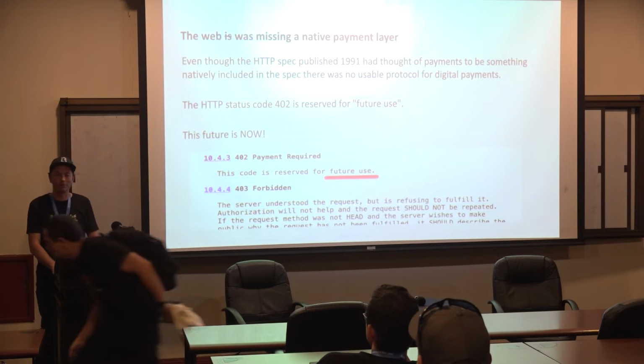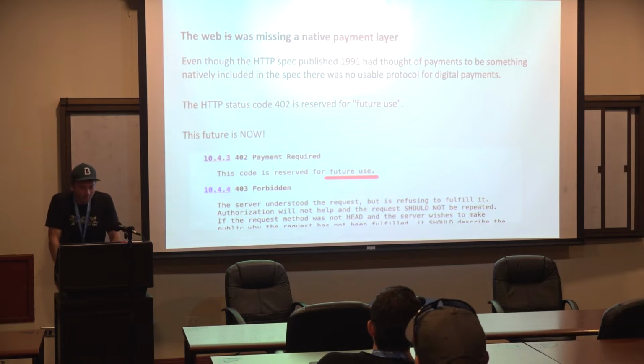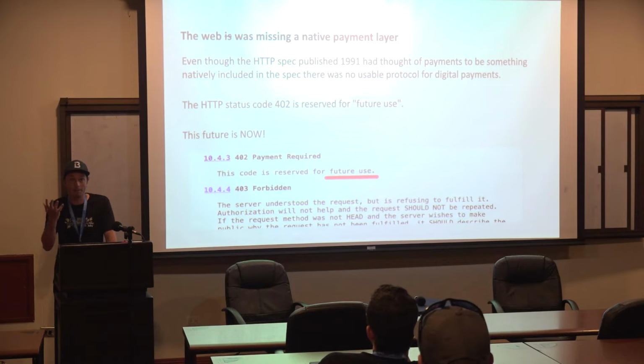Version 1 was published in '96, so quite old. Back then, the spec already said that the famous HTTP status code 402 is reserved for future use, because we didn't have the protocols and the tools to fill it with functionality.